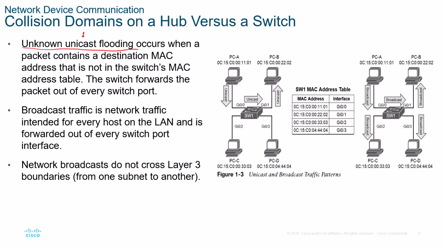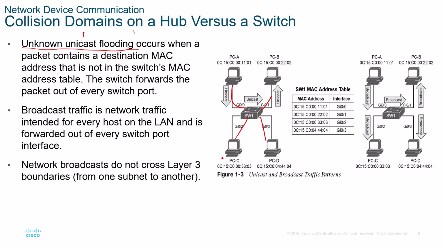So a unicast message flooding will occur when the packet contains the destination MAC and it is not in the switch's MAC address table. The switch will forward the packet out every port if it's not part of the MAC address table. So it will be received on this port, and if it doesn't know it, it will be forwarded out all other ports to build its MAC address table.